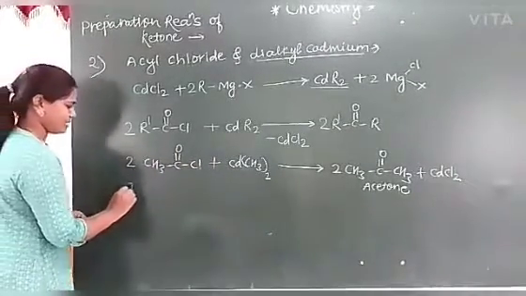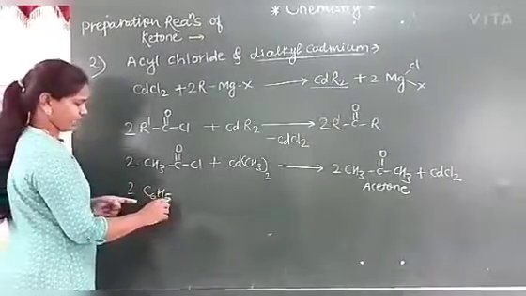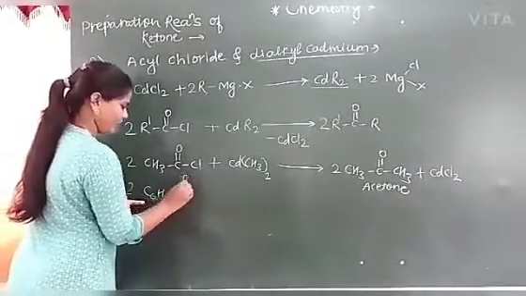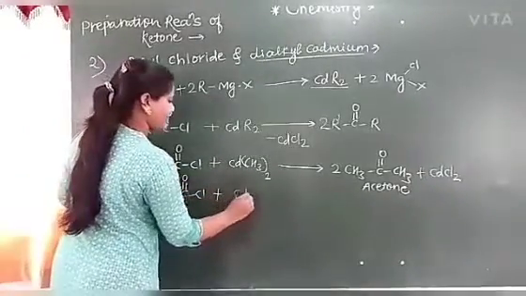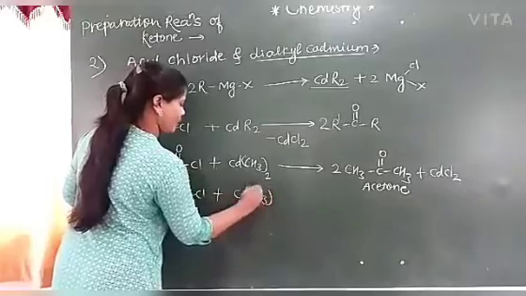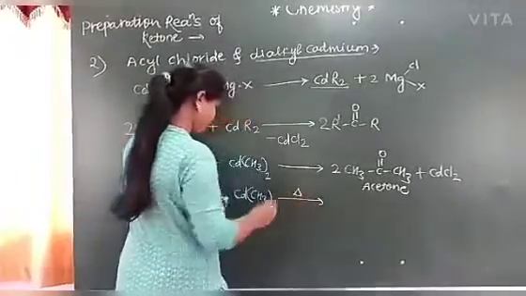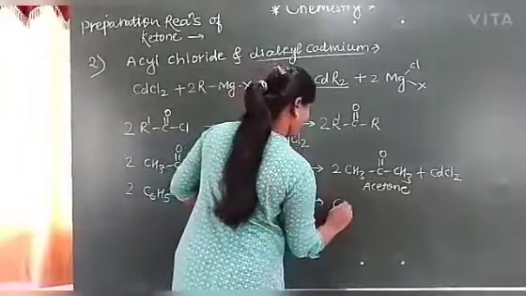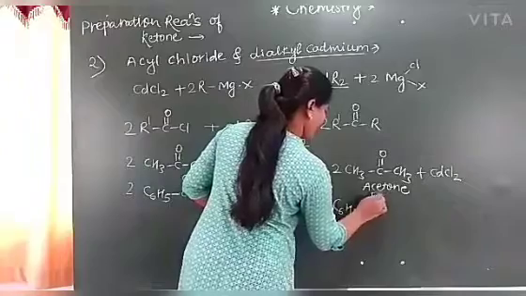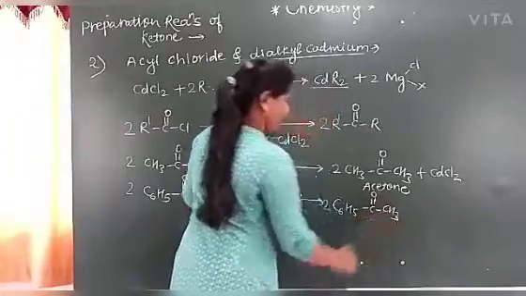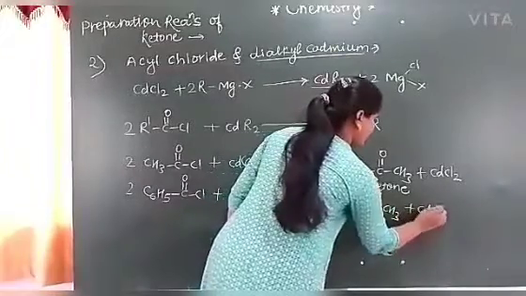One more example we will see to learn about the aromatic ketone. C6H5, means benzene ring, C double bond O Cl, benzoyl chloride, plus Cd(CH3)2. Then it forms 2 molecules of C6H5 C double bond O CH3, that is acetophenone, plus CdCl2.